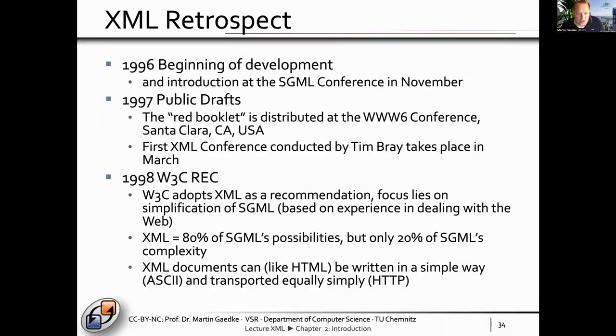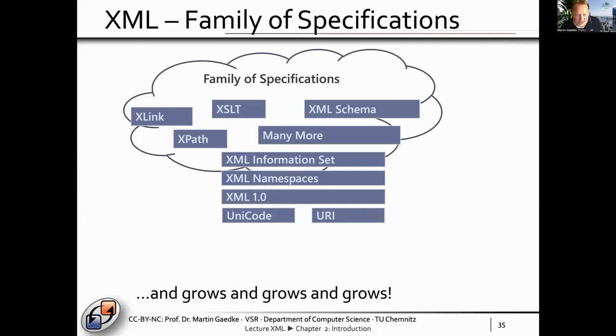I don't go into the history of XML because I already mentioned that in some context. When we are talking about XML, we are talking about not only one specific recommendation or standard. We are usually talking about a full family of specifications.